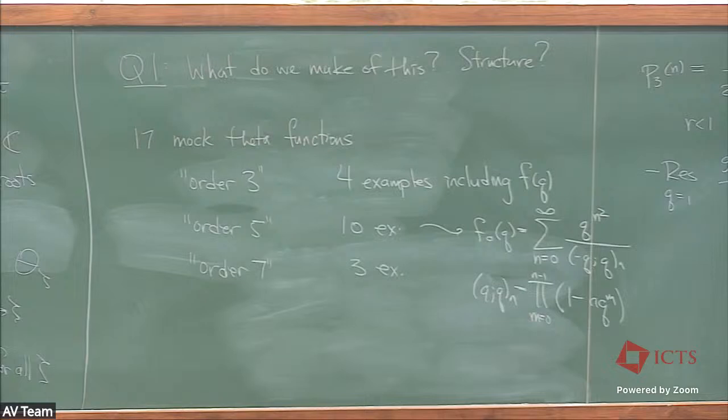There were other mock theta functions that Ramanujan wrote down in what's called his lost notebook. It's not actually a notebook. It's just a collection of loose pieces of paper that George Andrews found in Watson's office after Watson died.